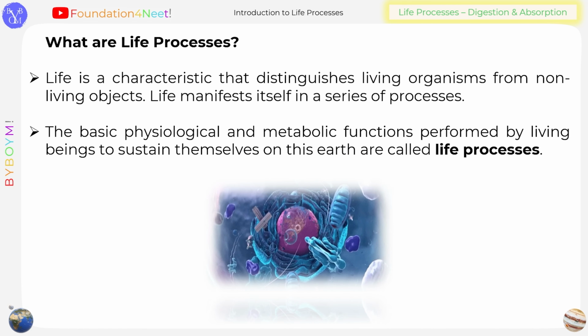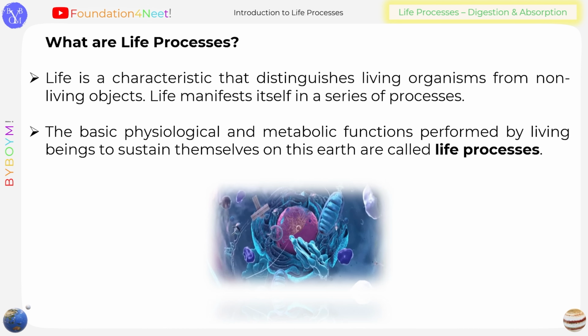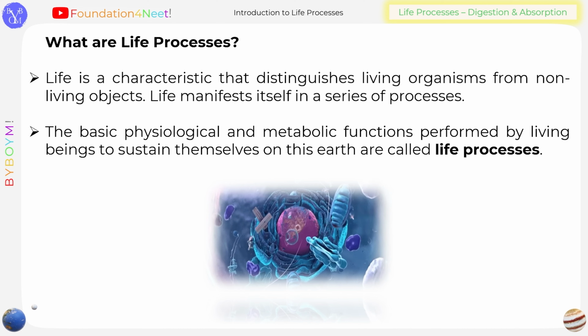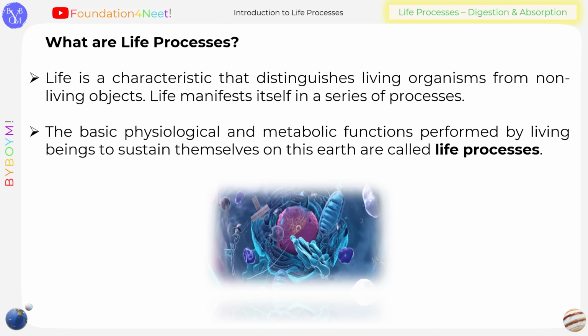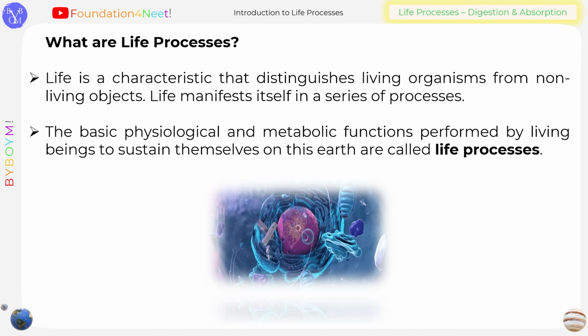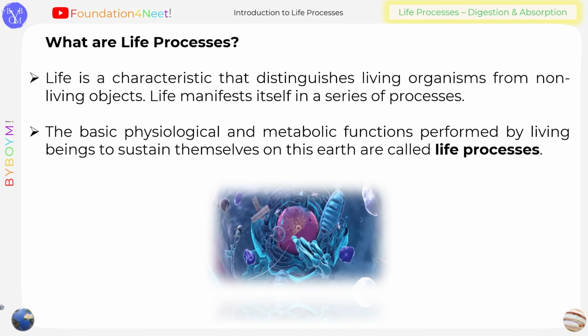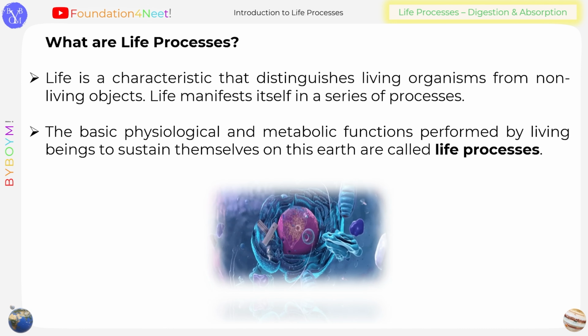So, what are life processes then? Life is a characteristic that distinguishes living organisms from non-living objects. Life manifests itself in a series of processes. What are these processes? These processes are breathing, respiration, nutrition, exchange of gases.